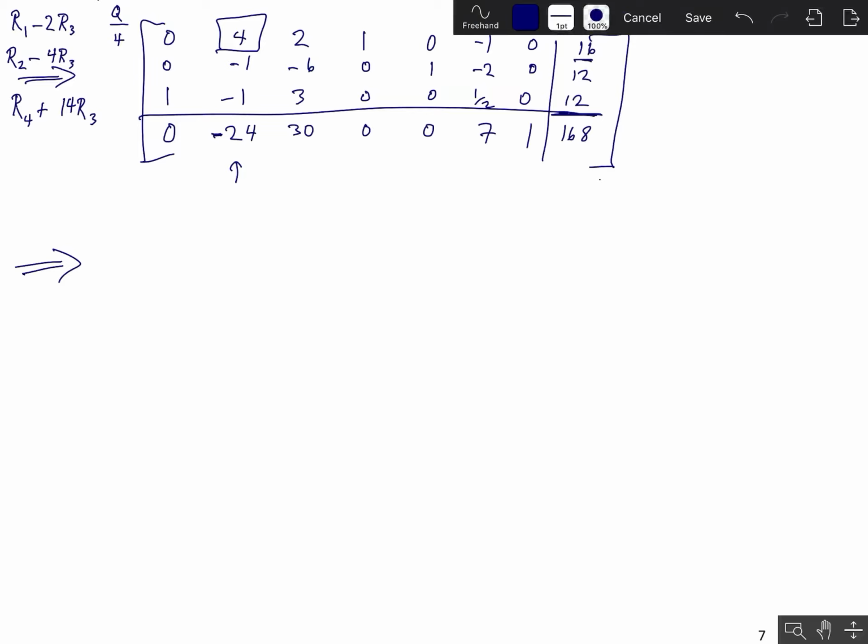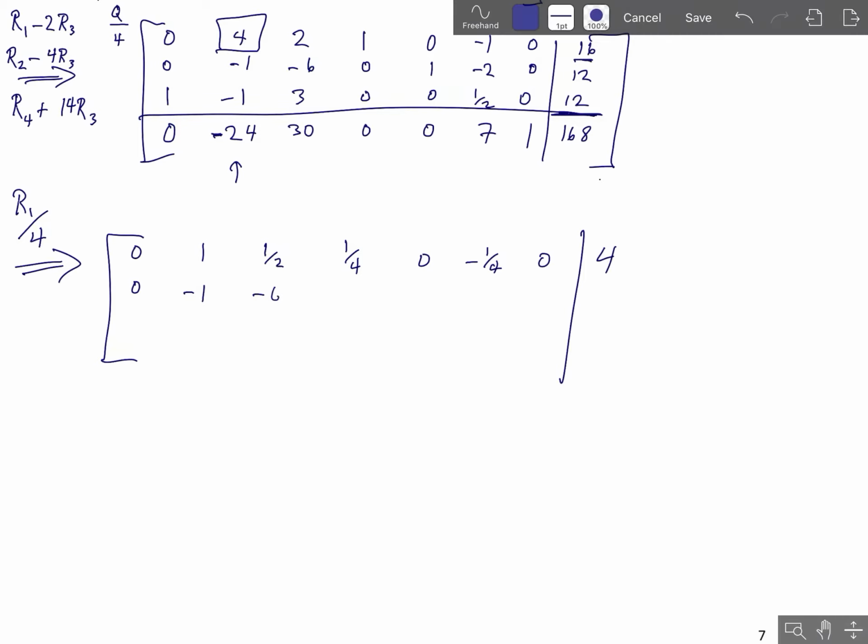And that means that our first step is to turn that pivot into a 1. To do that, I'll take row 1 and divide by the pivot. So that'll be a row 1 over 4. That would give me a 0, a 1, a 1/2, 1/4, 0, negative 1/4, 0, 4. And then I didn't change any of the other rows yet.